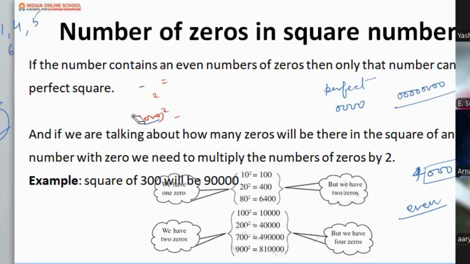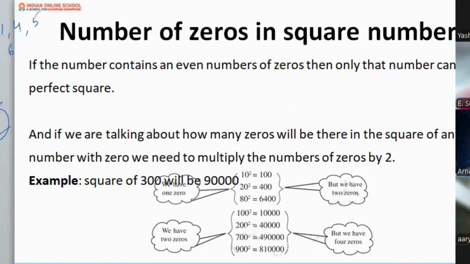Arnav, tell me. How many numbers are there between the square of 14 and 15? And Raj, for you, how many numbers will be there between the square of 22 and 23?